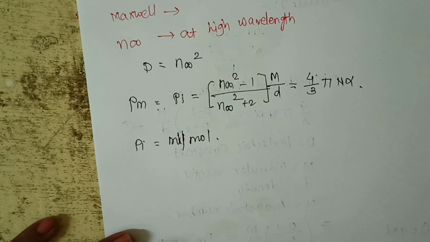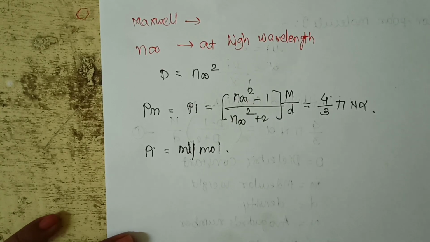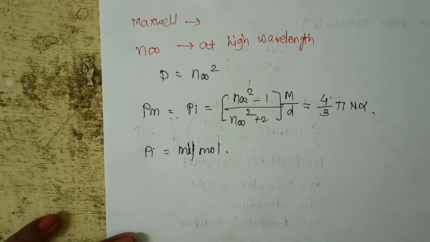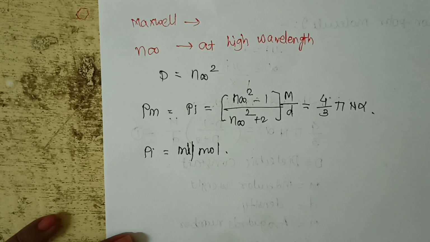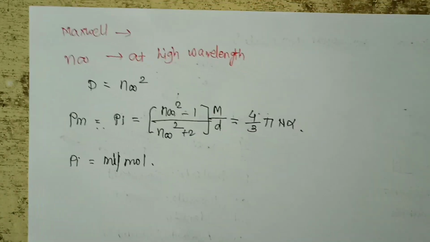Then Maxwell showed that at high wavelength the dielectric constant is related to the refractive index by D equals n infinity squared. We replace D's value by n infinity squared and get this equation, and Pi is obtained in ml per mole. Thank you.